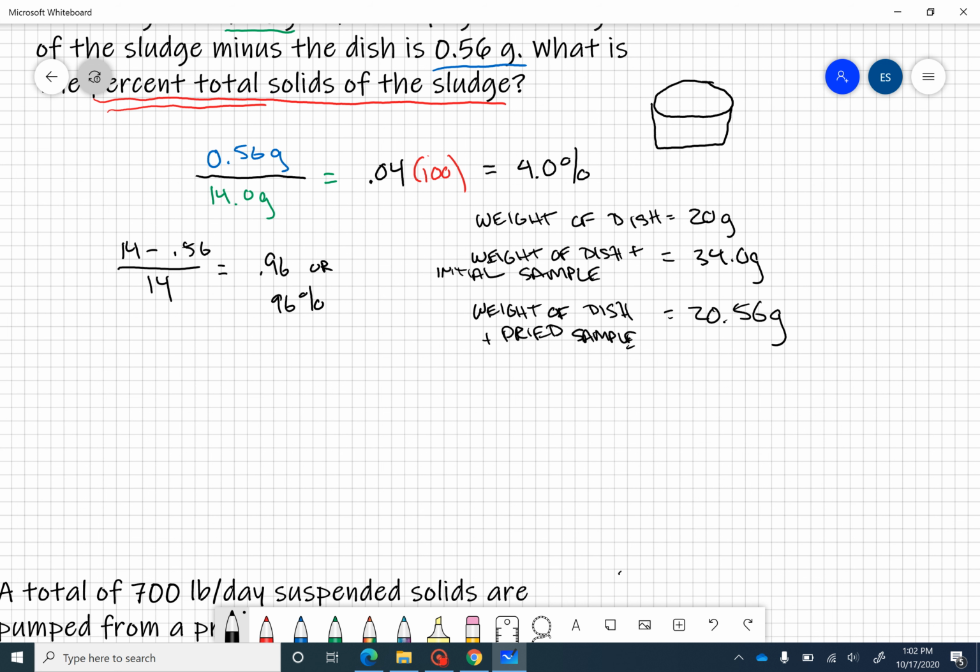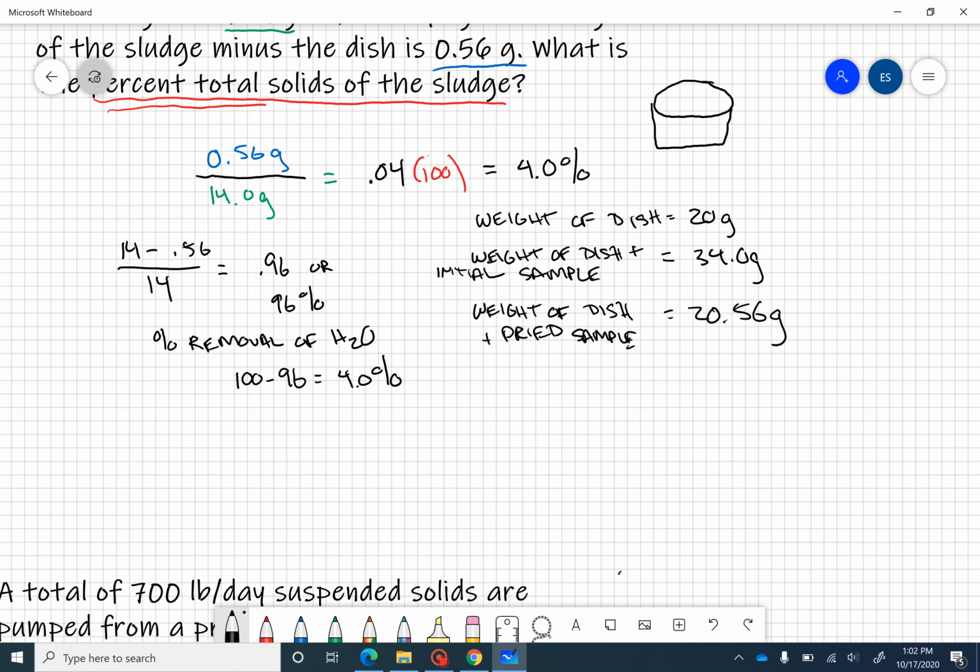Well, if you think about it, you've just calculated the percent removal of the water. So if you've removed that much water, then what's left over is going to be sludge. You could actually, at this point, subtract 96% from 100%, and you're left over with 4%. You can still get to the right answer if you use that equation.